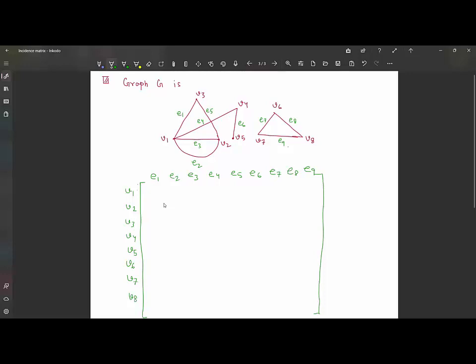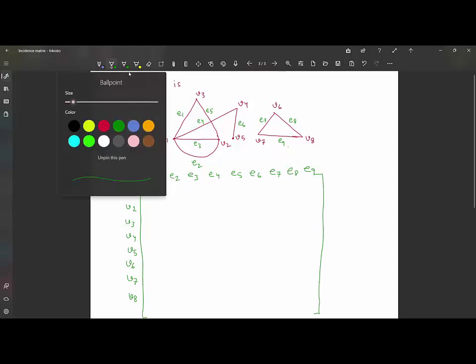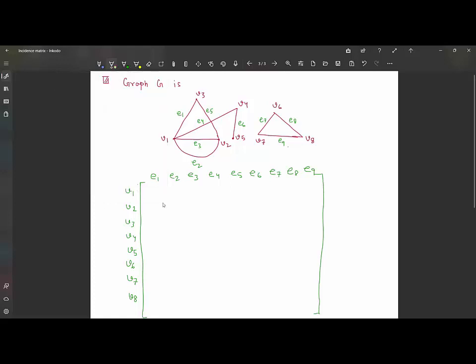After that, the first component G1 actually contains 5 vertices and 6 edges. So we are drawing the separator lines so that we can understand it better.